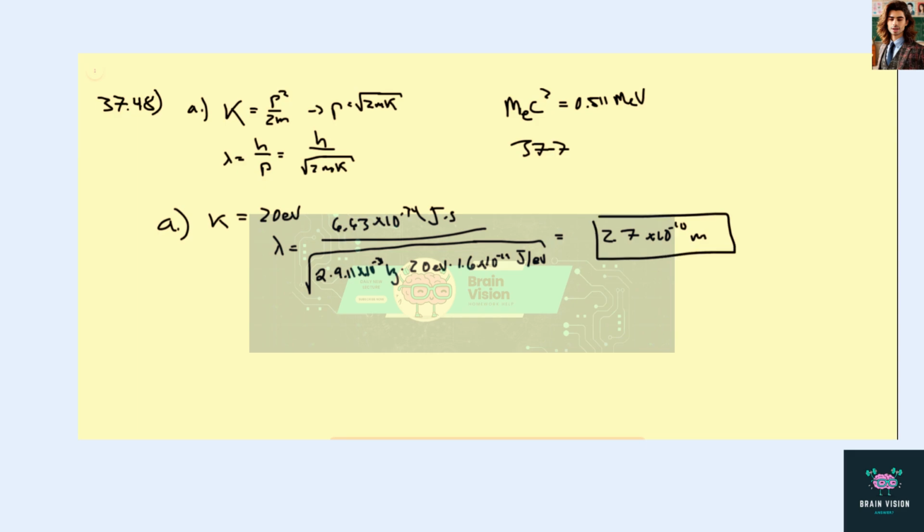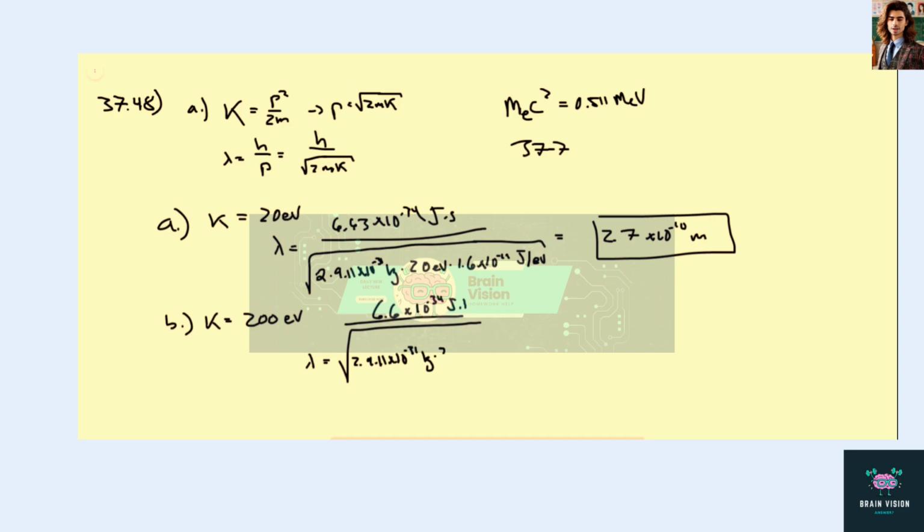Awesome. Let's move on. Part B. Now we're going to use a kinetic energy of 200 electron volts. So we're going to plug in the same thing here, and try and write this fast. All of it's the same except this 20 we're changing to 200.